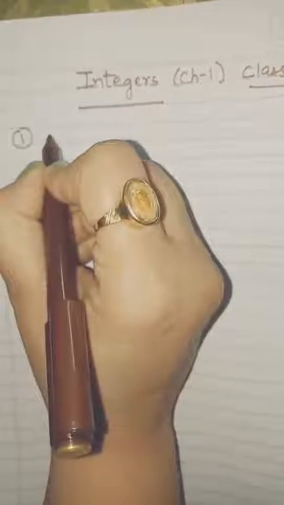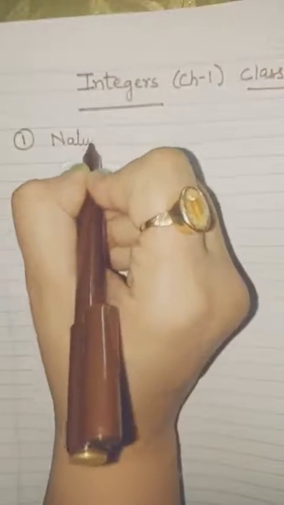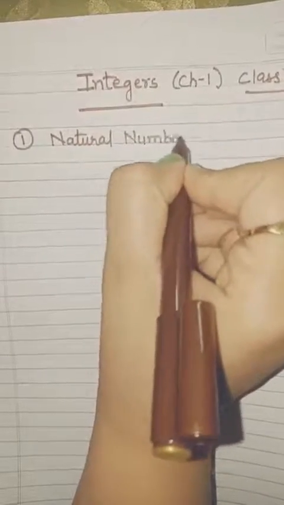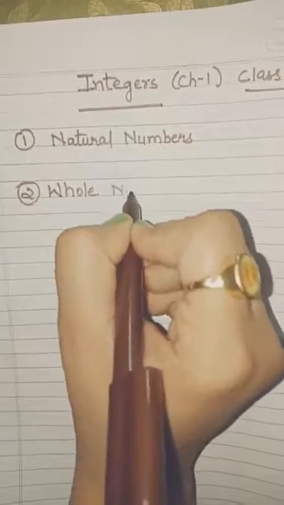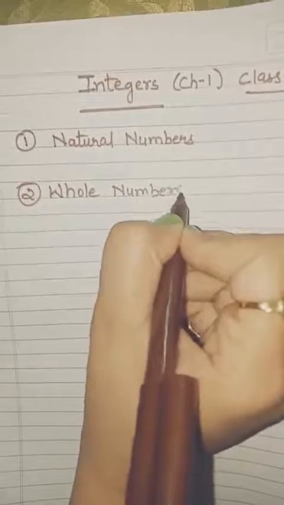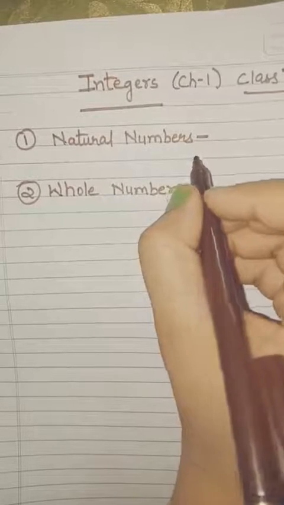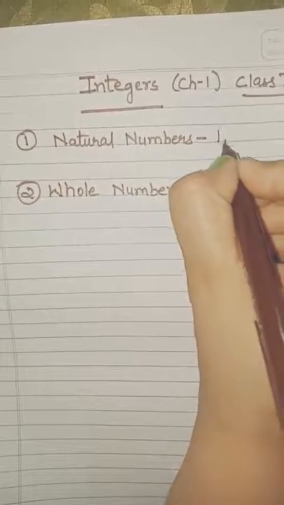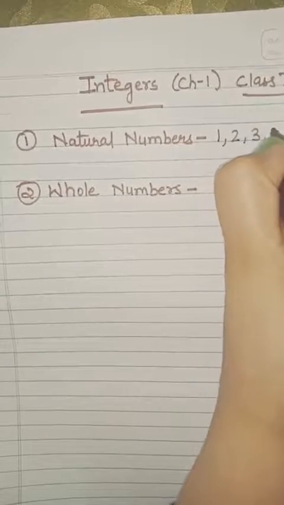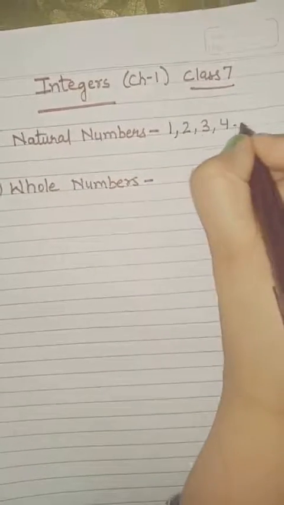Number 1, natural numbers, and whole numbers. Natural numbers are those numbers which start with 1, 2, 3, 4 and so on.